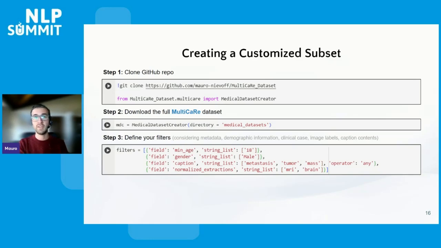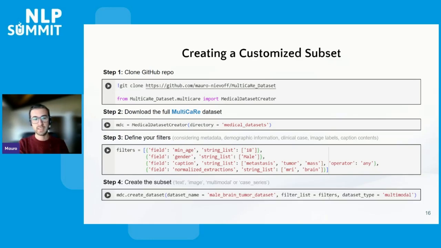So once you have defined your filters, you just have to create your subset by using the create dataset method. So you provide a name to the subset. In this case, it is male brain tumor dataset. Then you provide the filters that you have defined, and at the end, you also select one type of dataset.